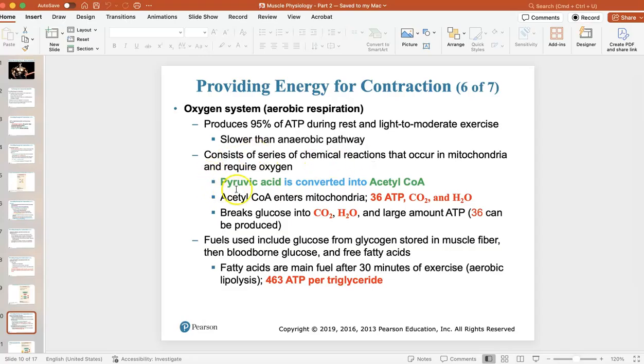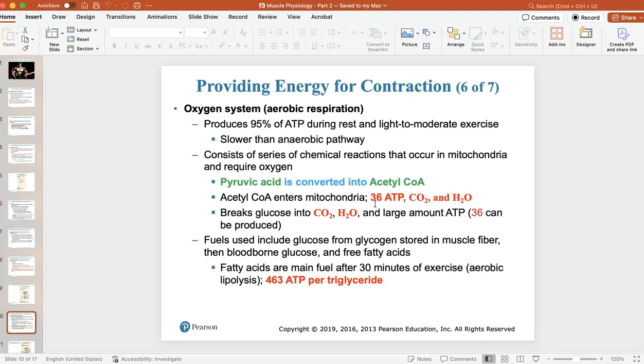Now, pyruvic acid, the same pyruvic acid that we just talked about in glycolysis, if the activity is light to moderate intensity and longer in duration, is converted into acetyl-CoA. And acetyl-CoA, as it says here, enters the mitochondria, and through a series of reactions, you get 36 ATP, CO2, carbon dioxide, and water. Now, that is still from the original molecule of glucose that entered glycolysis.